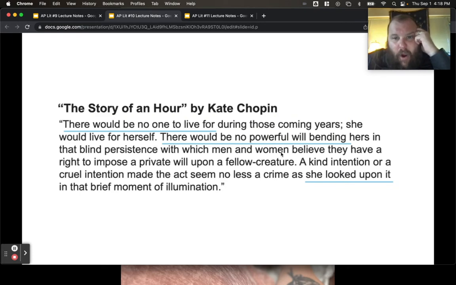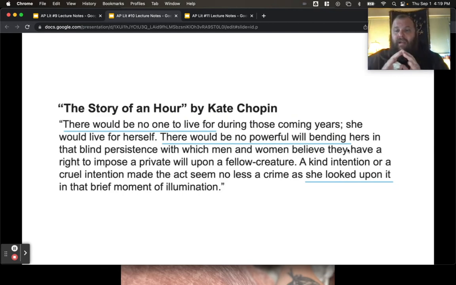There would be no powerful will bending hers, right? Now, we as the readers, we have a much different, much more developed understanding of her as a person than even their close friend, family friend, Richards.